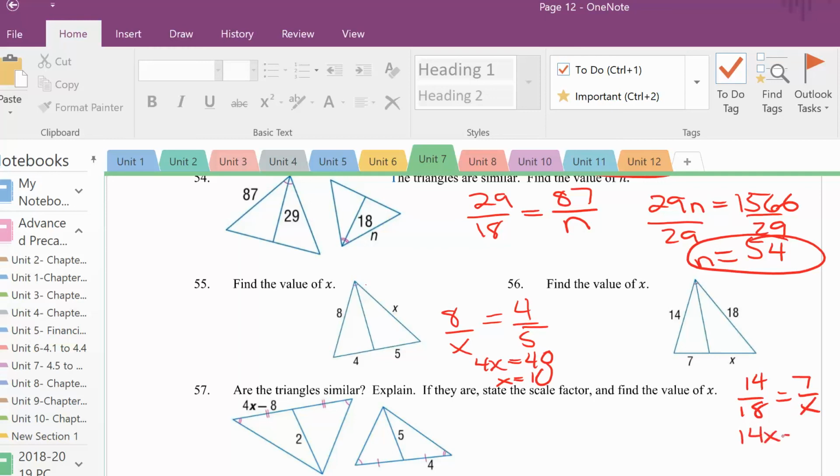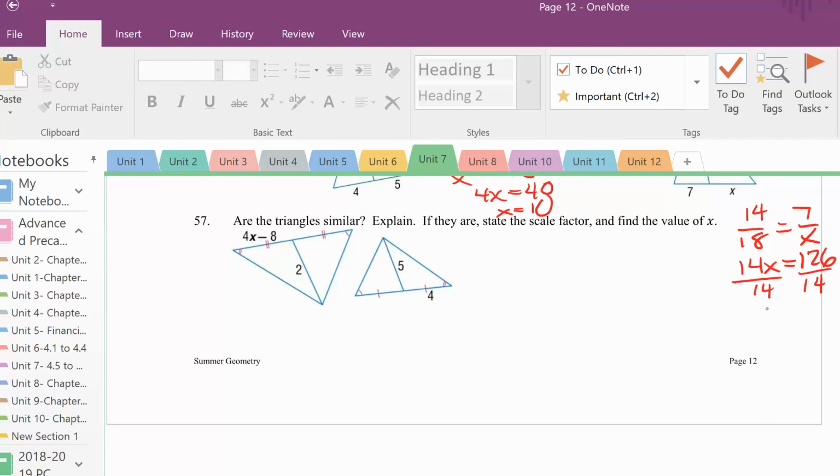So 14x equals 7 times 18. 7 times 18 here is 126 divided by 14. So 126 divided by 14 gives you x equals 9.